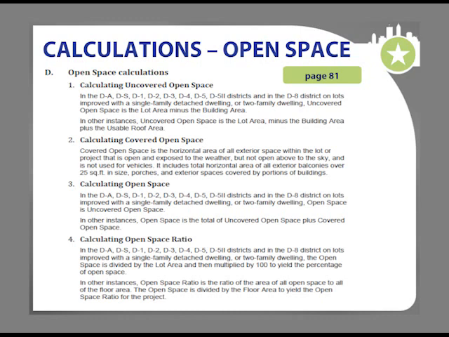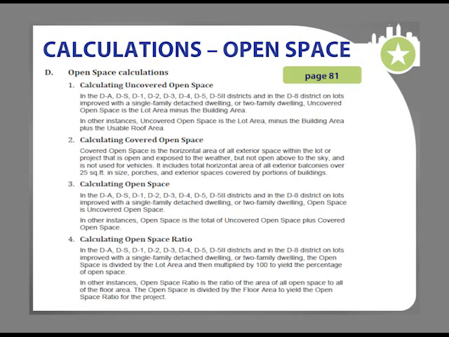And you see before you in the calculations section of the Indy Rezone, which is Chapter 740, we identify how you calculate open space. And please note number 3 in this listing. That shows you how we calculate open space in the DA districts, DS, D1, D2, D3, D4, D5, and D5-2 districts, and D8 districts where there's a single family or double.